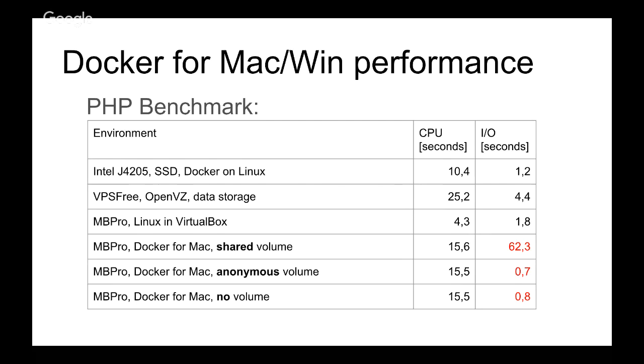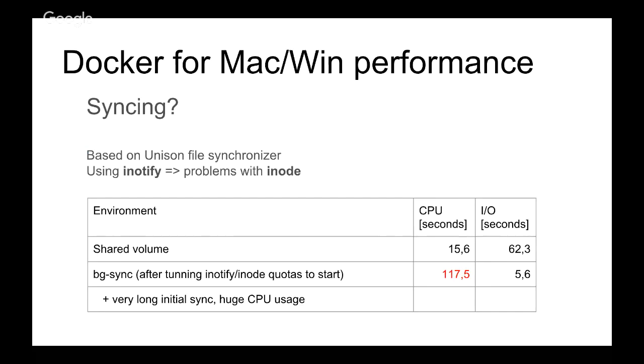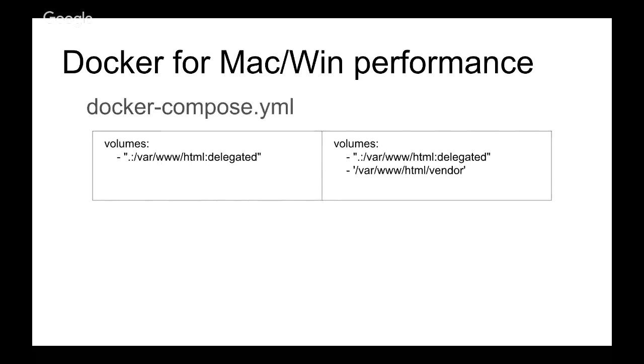So this is just a small tip, but it can help you to increase your efficiency, because we already had problems with reinstalling the project, with any updates and things like that. So if you do not have any better solution, use an anonymous volume for vendor or node modules.